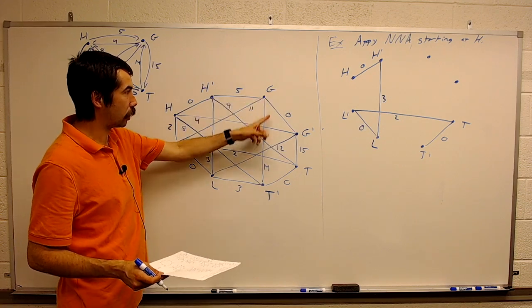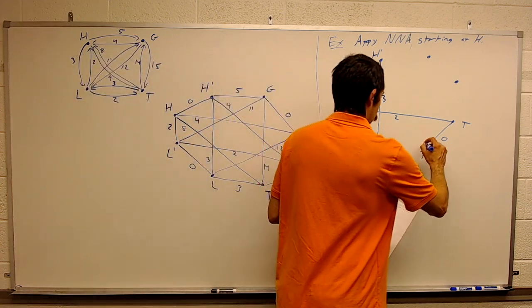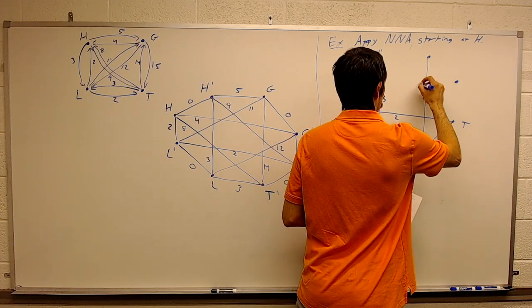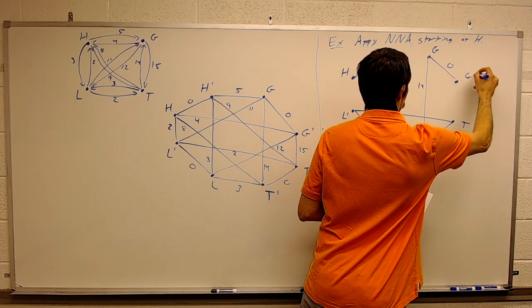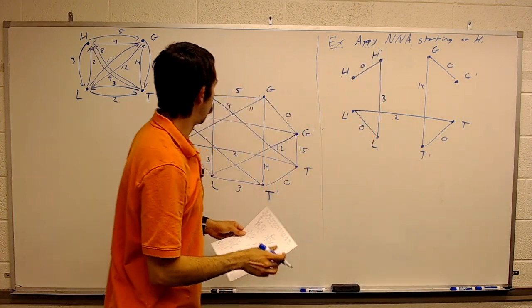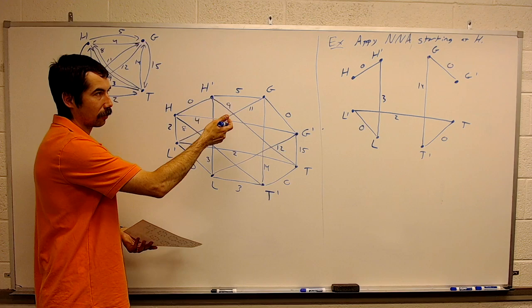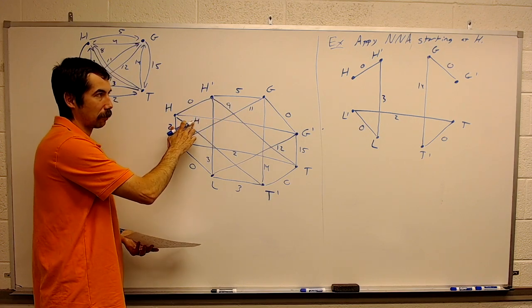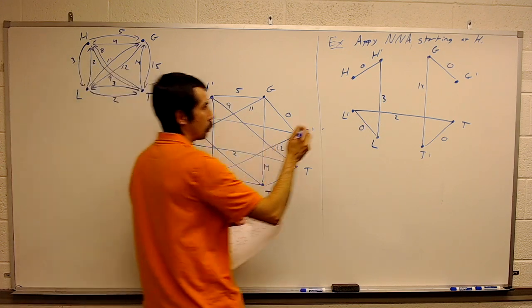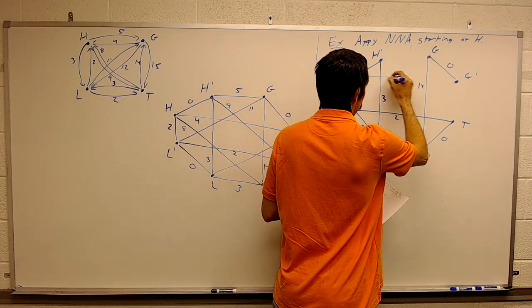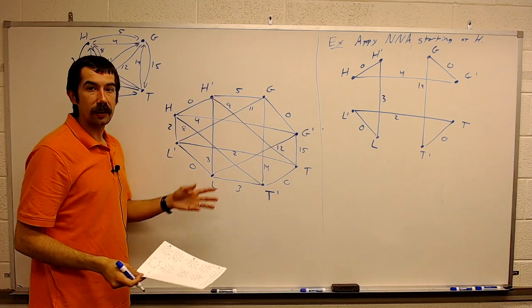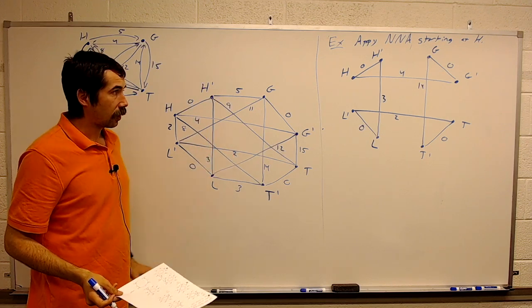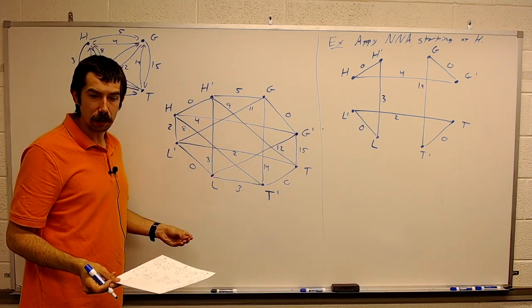So we have to go up to G. And then you could check, but the last thing that possibly could work is going back to H. All right, so that's our Hamiltonian cycle on the clone graph.